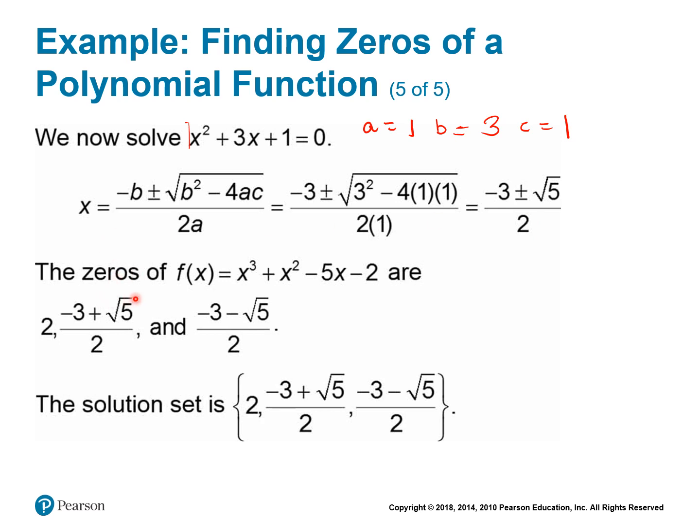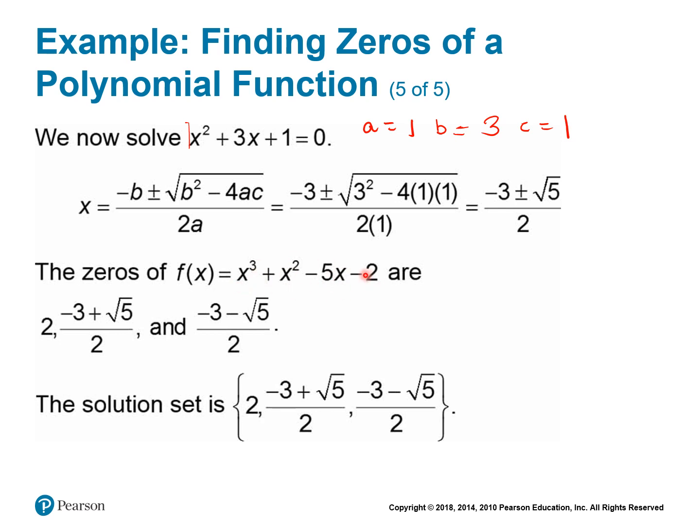So the zeros of f of x equals x cubed plus x squared minus 5x minus 2 are the 2, which we found through synthetic division, and then minus 3 plus square root of 5 over 2, and minus 3 minus square root of 5 over 2. So there are 3 real zeros of this polynomial function.